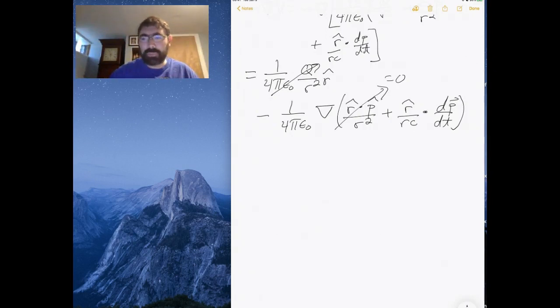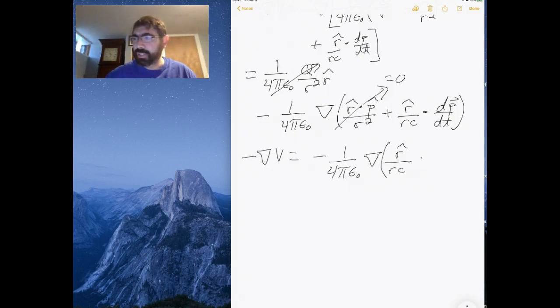And so what we're left with then is minus 1 over 4 pi epsilon naught, the gradient of r hat over rc times the time derivative of the dipole moment.